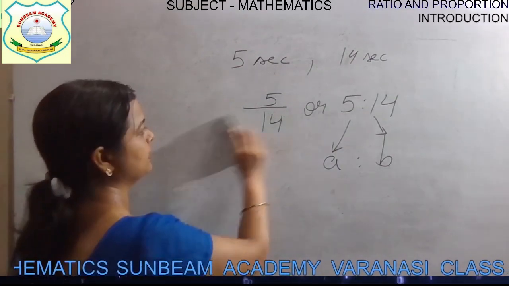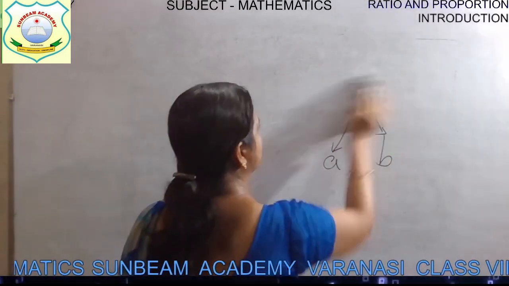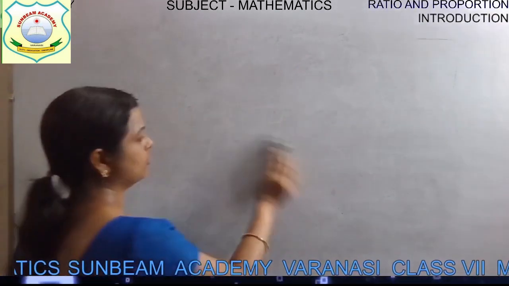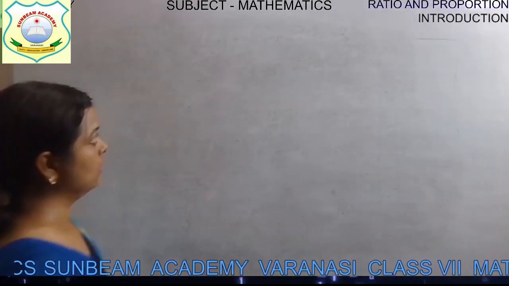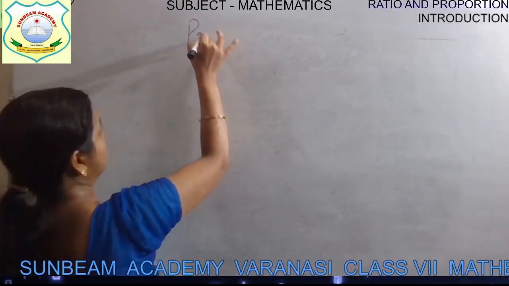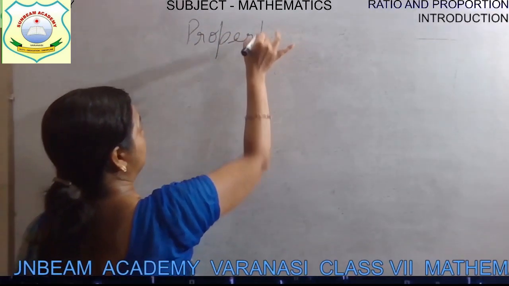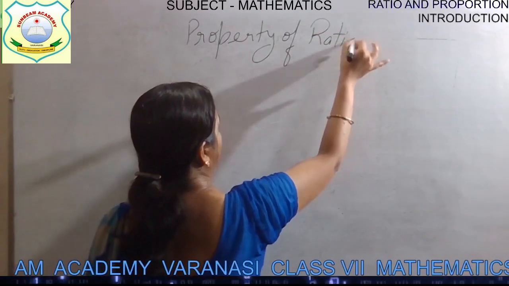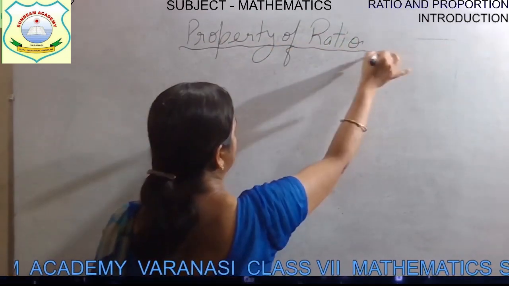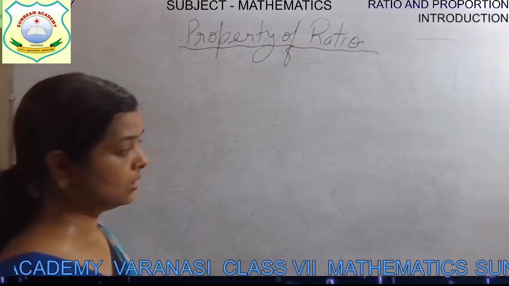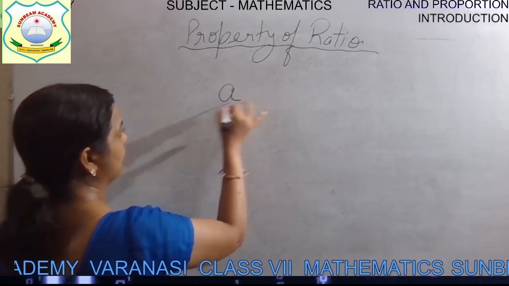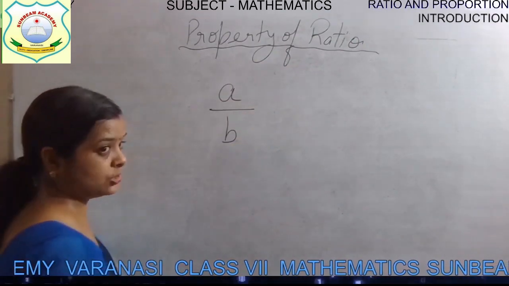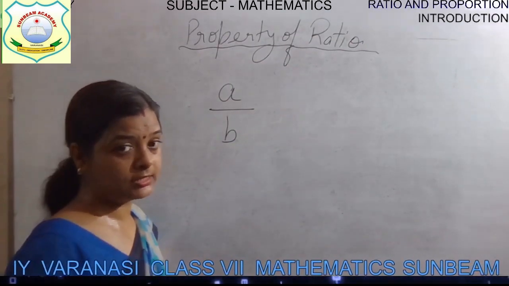Now the property. Let's see the property of ratio, children. It shows that a ratio should always be kept in simplest form.